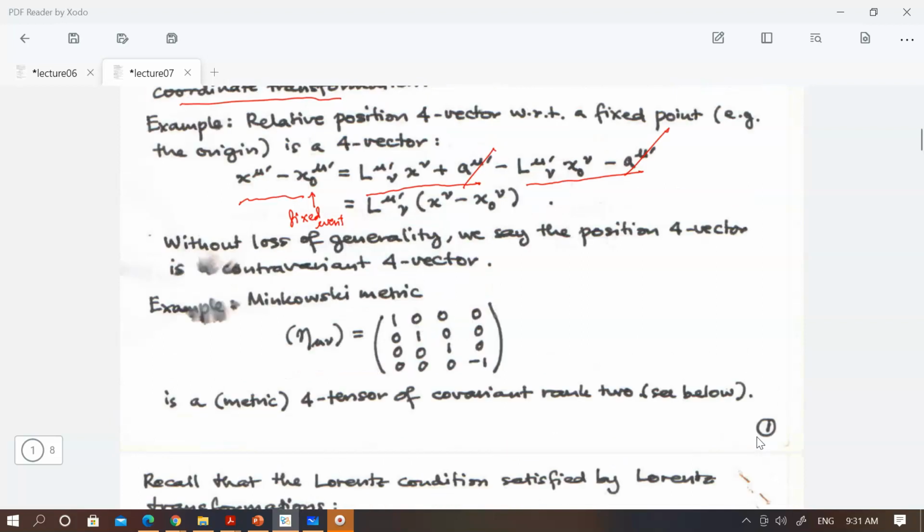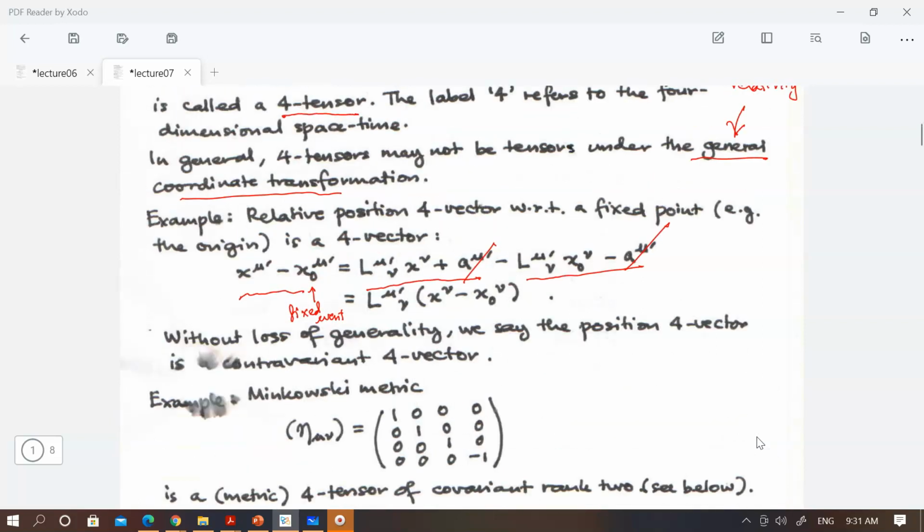So in other words, we will not consider the inhomogeneous part anymore, because you always think in terms of a position relative to a fixed point.